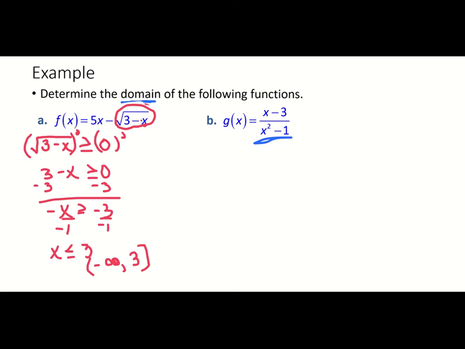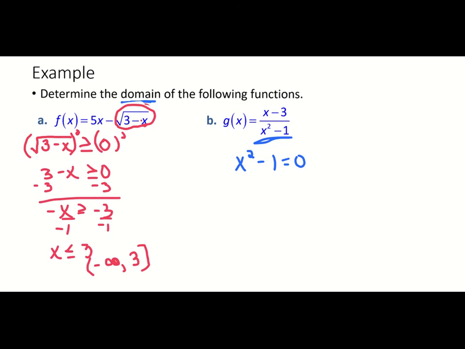And if you get a 0 on the bottom, it won't work. So you take whatever your denominator is, and it's only the denominator that you're worried about. I don't care about the numerator, doesn't matter. But we're going to take the x squared minus 1 and set it equal to 0. Basically, we have to solve this equation, figure out when it would be equal to 0.